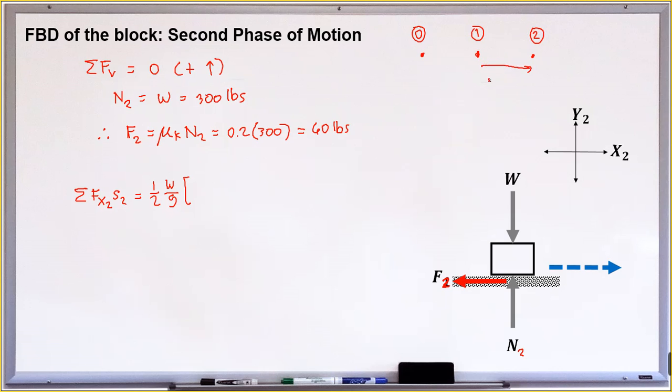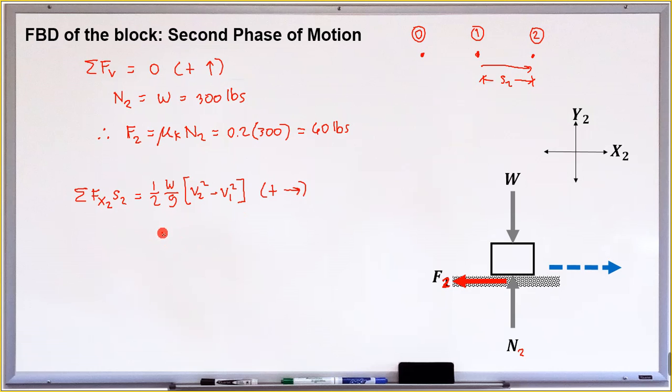So naanta diri sa S2 nga part. So therefore ang ato ang final velocity ani is v2. So v2 squared minus the initial na ani is kaning v1 squared. Okay.